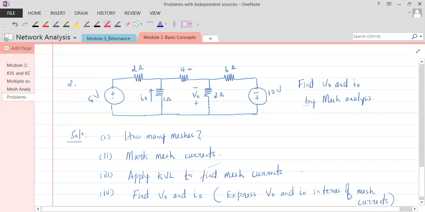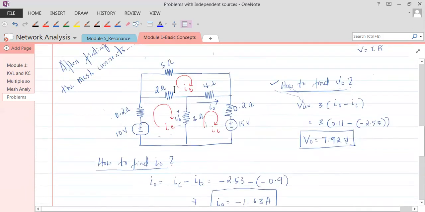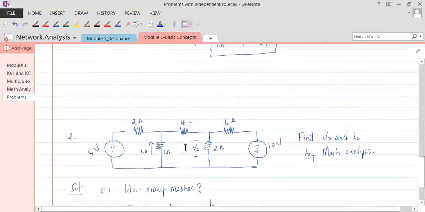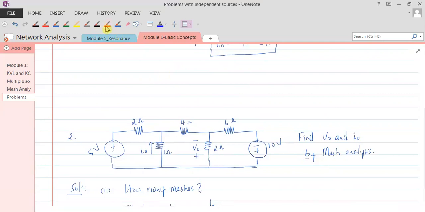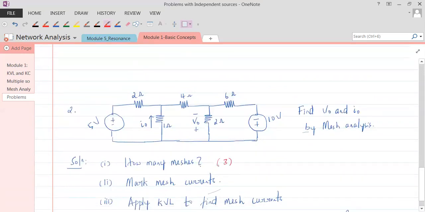See, this is one mesh. This is mesh number 1, mesh 2, mesh 3. Very similar to the previous problem. Here also we have got 3 meshes, right? But the arrangement of the circuit is different here. Though there are 3 meshes, the circuit arrangement is different. So how many meshes do we have? We have 3 meshes. The things look simple here, so you can easily make out there are 3 meshes.